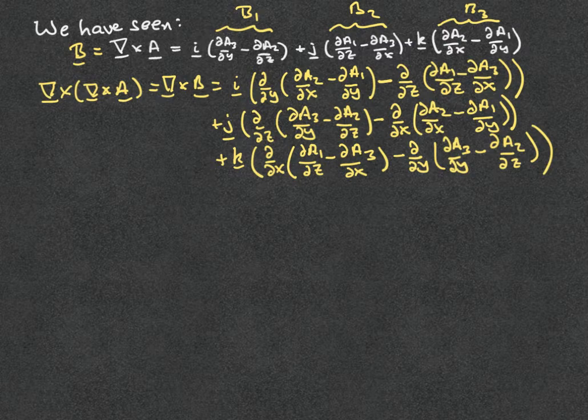So now what we have to do is to calculate these derivatives, and you can see that we're going to have mixed derivatives, and we're also going to have second derivatives, such as this term here, which is the second derivative of A1 with respect to y. So we're just going to expand that out and see what we get.